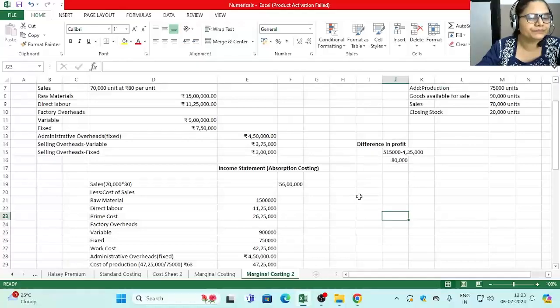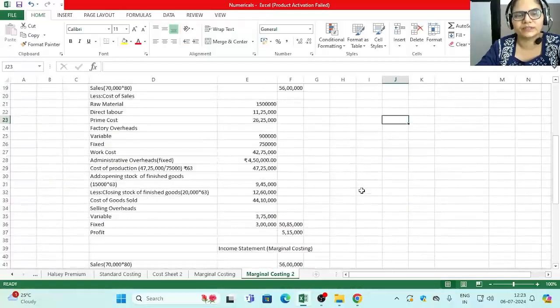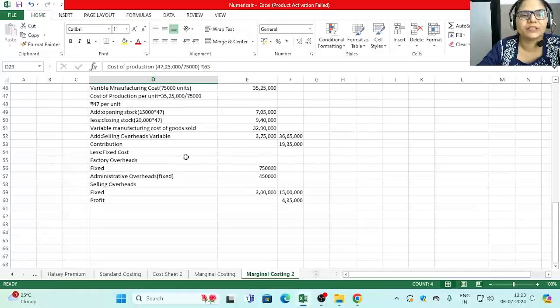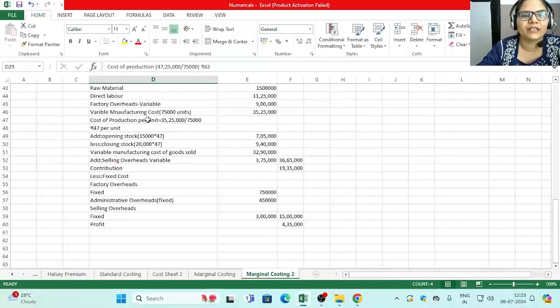Now, why has this difference arisen? The question is why this difference has arisen. This difference has arisen because of the difference in valuation of stocks in both cases, as we have done in case of absorption costing valuation of stock, and similar valuation of stock we have done in case of marginal costing.